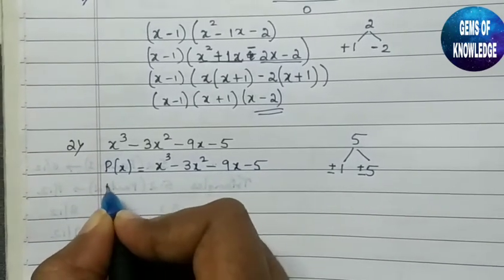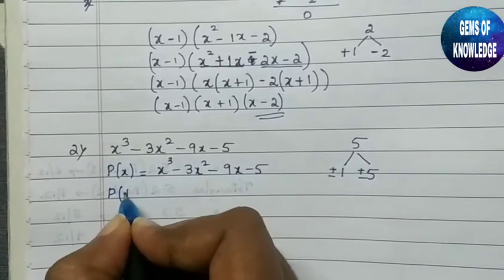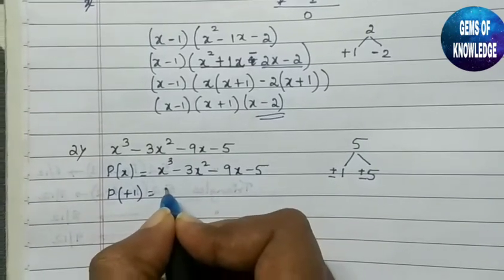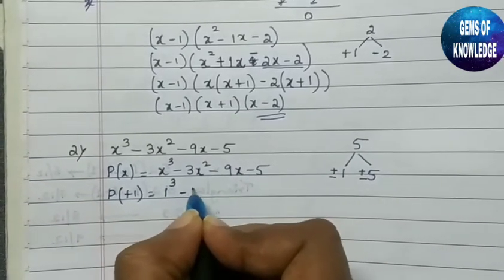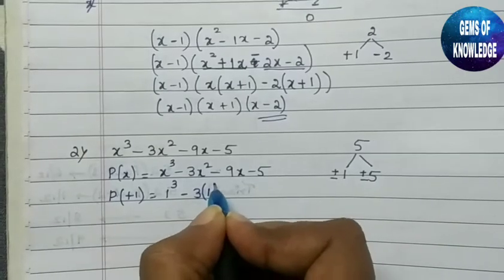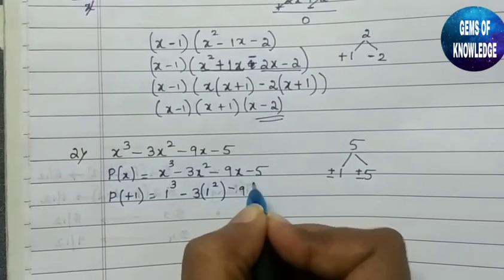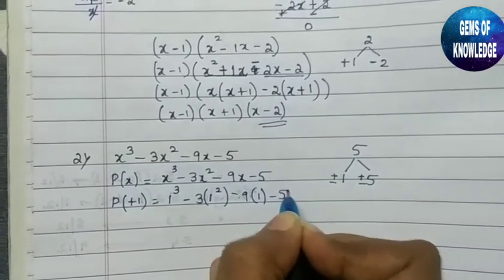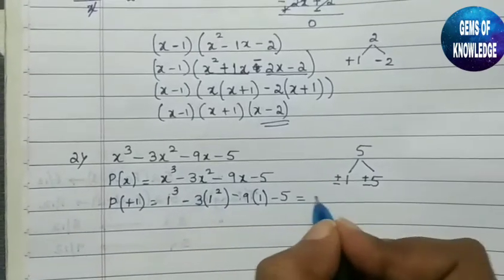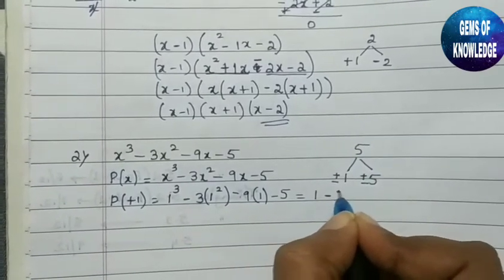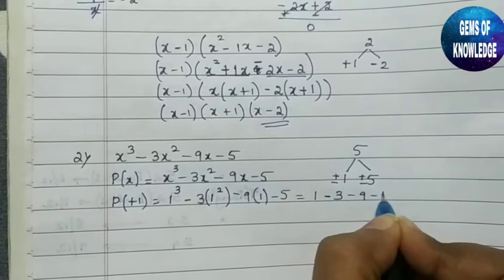So we must consider p of x value will be plus 1. So we are getting plus 1 cube minus 3 into plus 1 square minus 9 into 1 minus 5. So what we are getting here, 1 cube will be 1 minus 3 minus 9 minus 5.